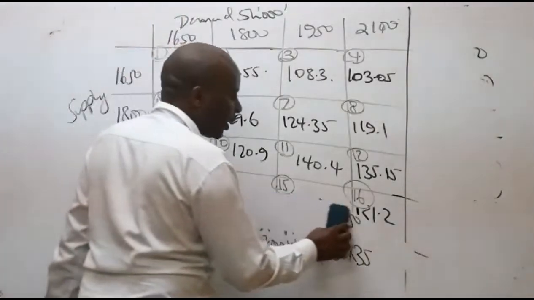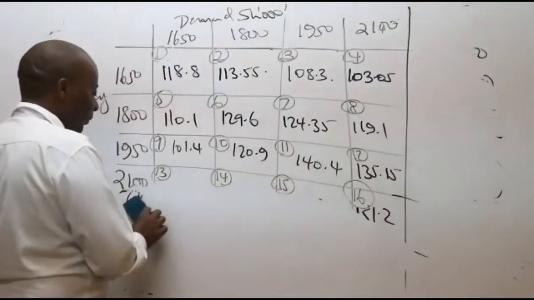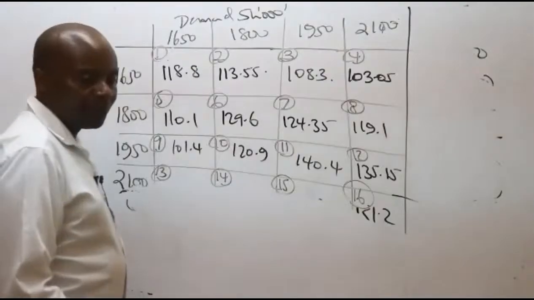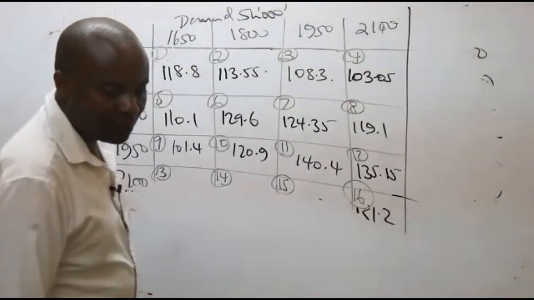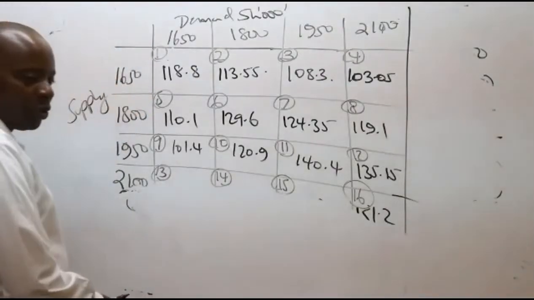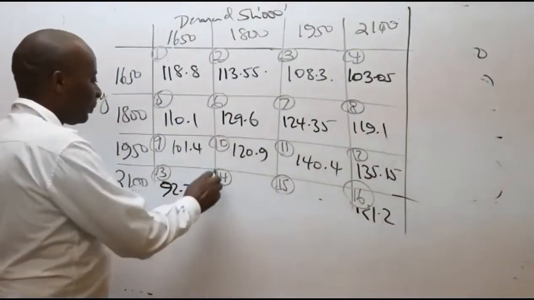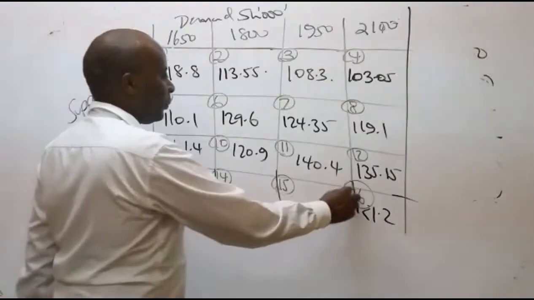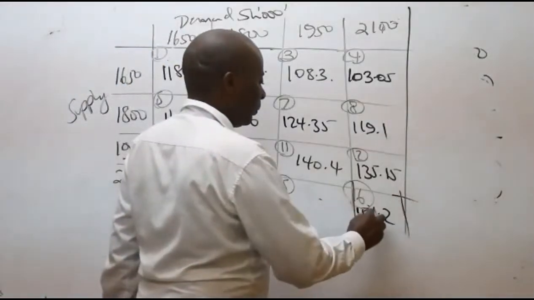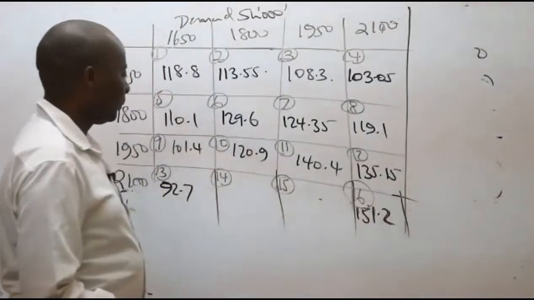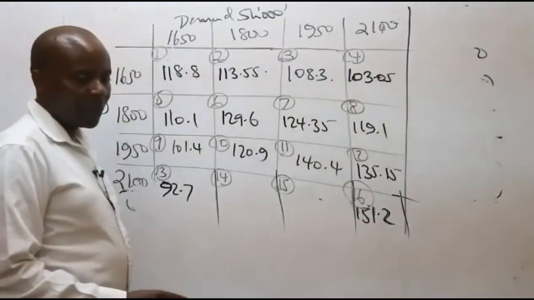So Omar, are we together? Cell 13 is 92.7. Thanks.